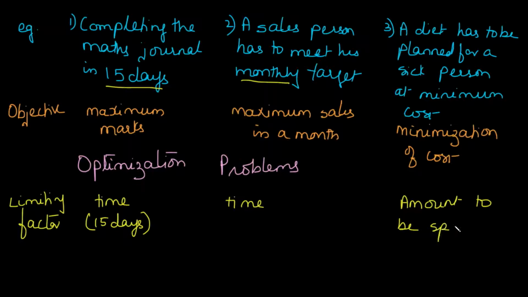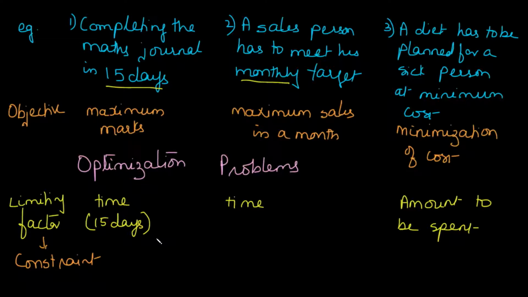As we see, in each case the given objective, whether it is maximum marks, maximum sales, or minimum cost, has to be fulfilled within the limiting factor, within the constraint, or within the scarcity of available resources. Such limiting factors are also known as constraints. The other word for a limiting factor is a constraint.